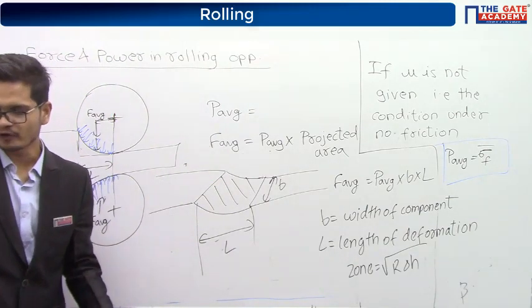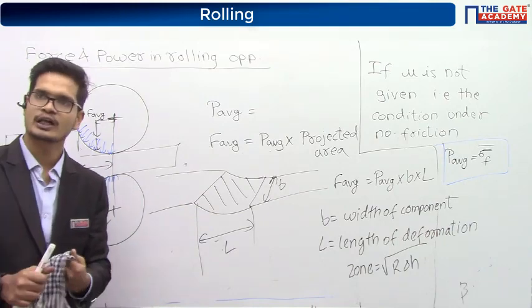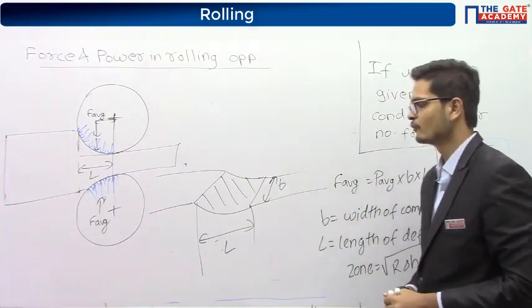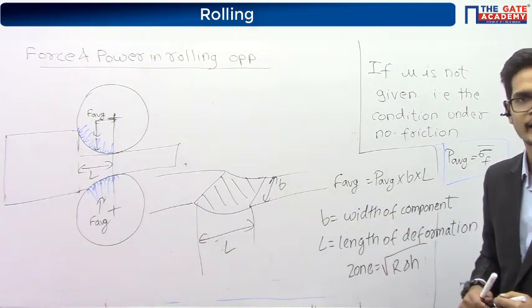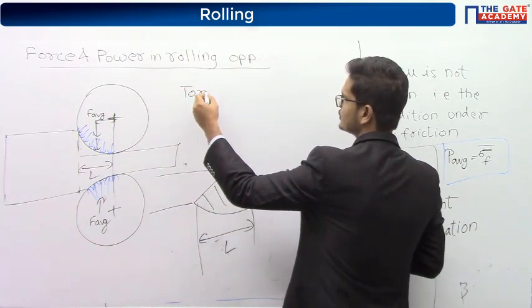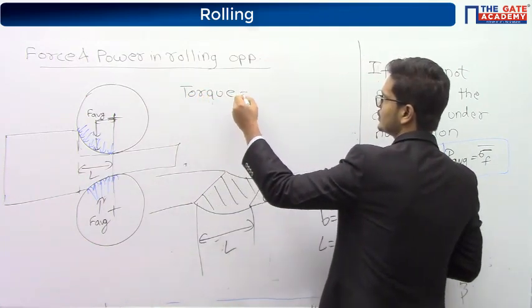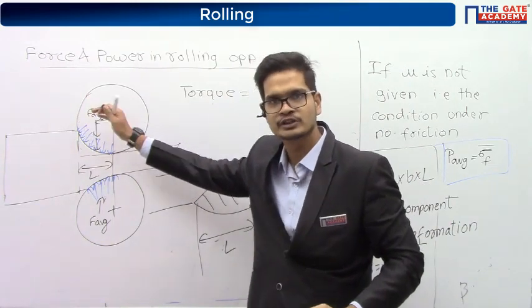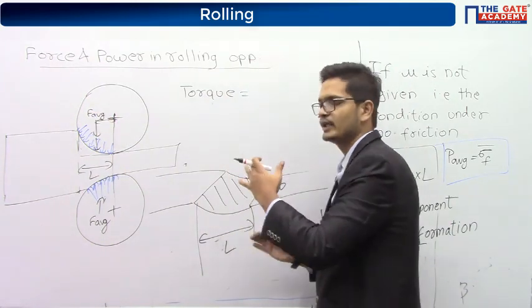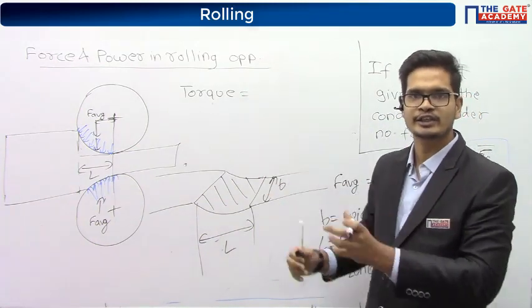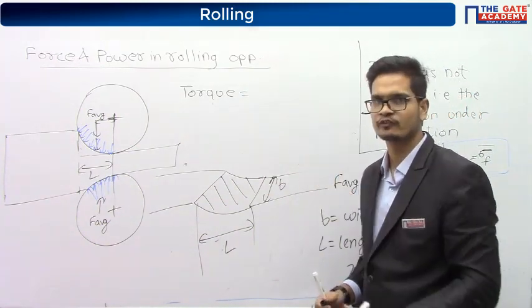How do you find the power? From force, what do you have to find first? For finding power, first you will have to find the torque. Torque is equal to the force multiplied by the distance at which the force is acting from the center.